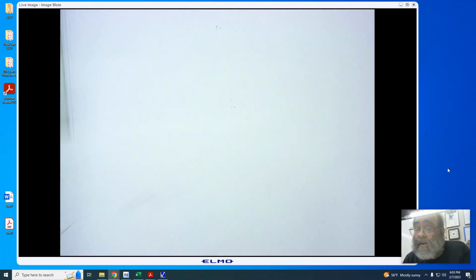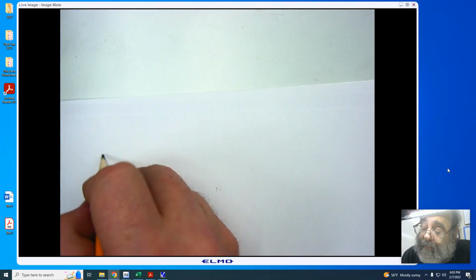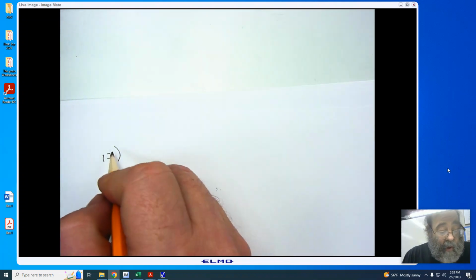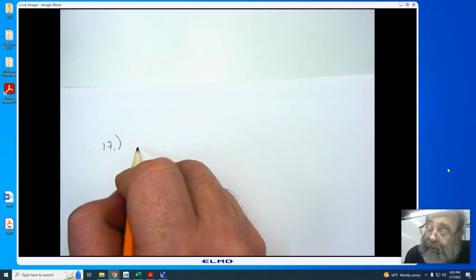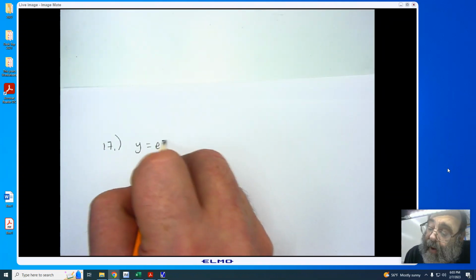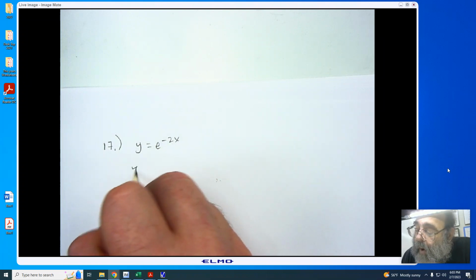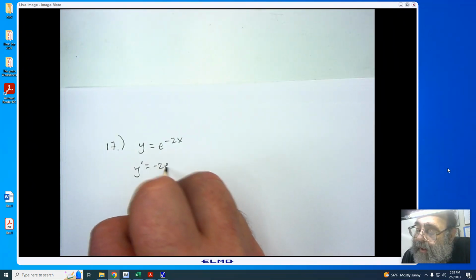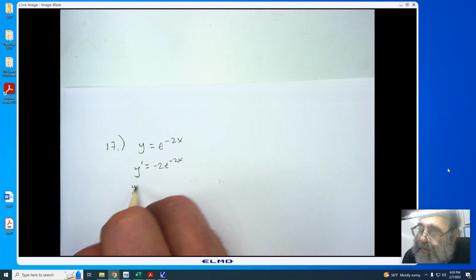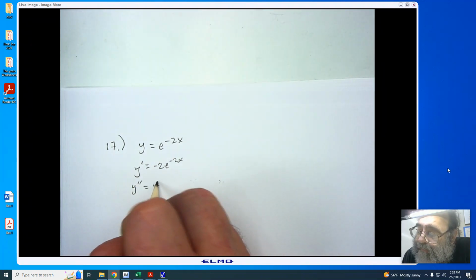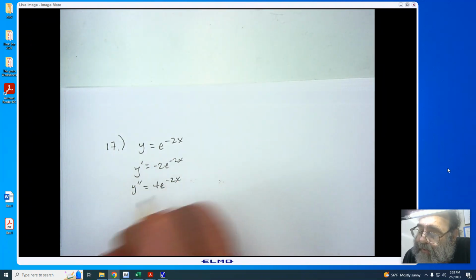Going to number 17. Number 17 is giving me y equal to e to the minus 2x. So y prime is minus 2 e to the minus 2x. Second derivative is positive 4 e to the minus 2x.